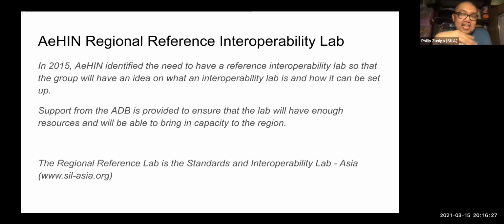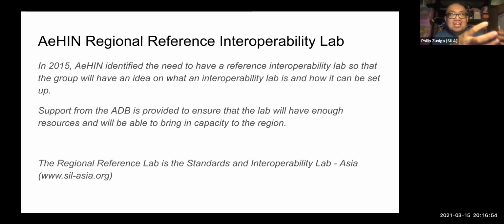So one of the ideas that came was to develop an interoperability lab similar to other interoperability labs in other regions. So for AeHIN to further understand what an interoperability lab is, they looked at the possibility of setting up one first. So that is the regional reference lab.